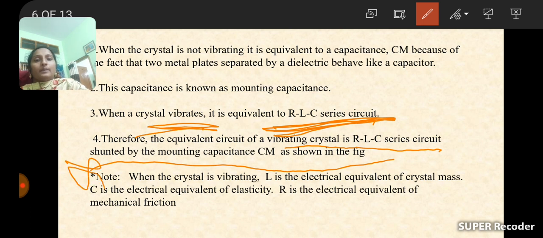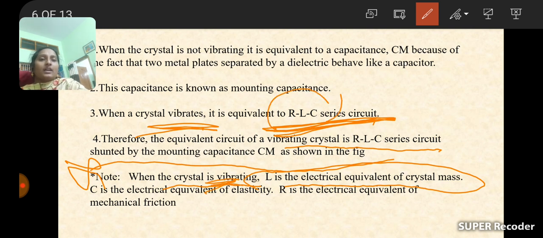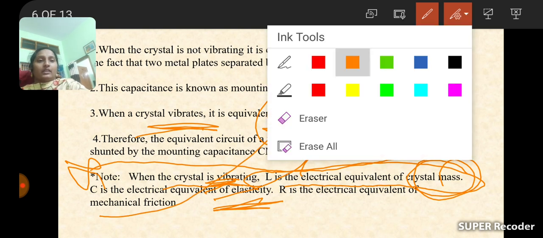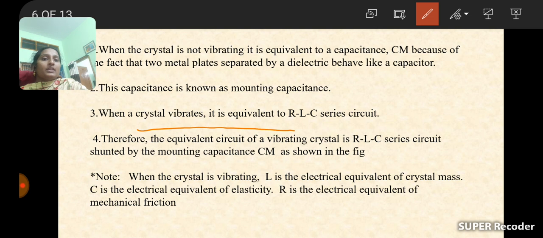And see here, one key point. When the crystal is vibrating, L is the electrical equivalent of the crystal mass, C is the electrical equivalent of elasticity, and R is the equivalent of mechanical friction. Is it clear? Under vibration, it is equal to an R, L, C series circuit.